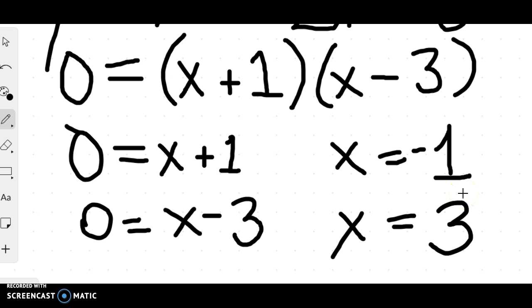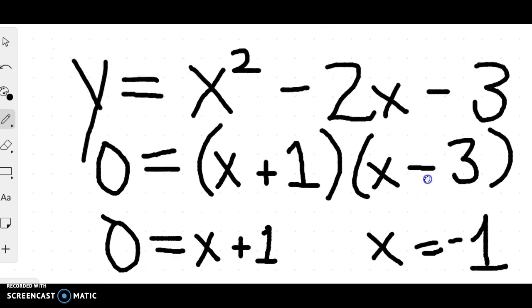Which is the smaller of the two zero values? Obviously, that's -1. So when you get to this point, you just have to go back and be very careful about what they are asking you to provide as far as the information that they want you to give to them.